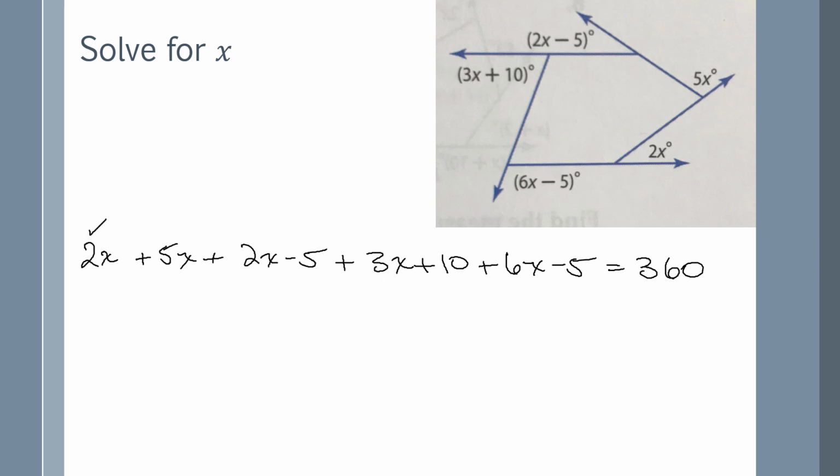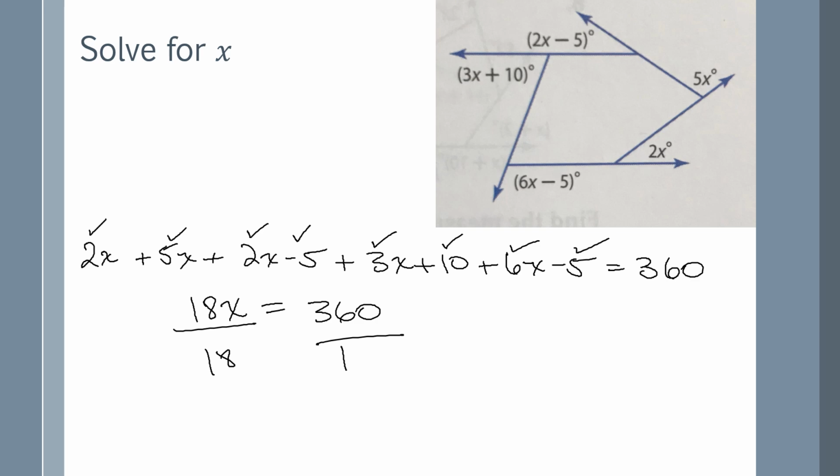So 2 plus 5 is 7, plus 2 is 9, plus 3 is 12, plus 6x's, that's 18x. And then we come over here and go minus 5 plus 10 gives me plus 5, and 5 minus 5 here is 0. So that's done, and we got equals 360. So we're going to divide each side by 18, and we get x is equal to 20.